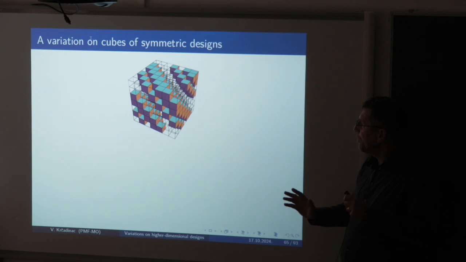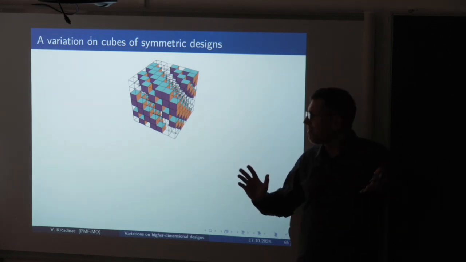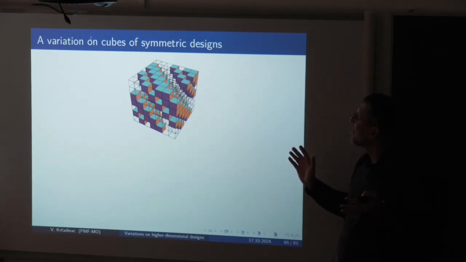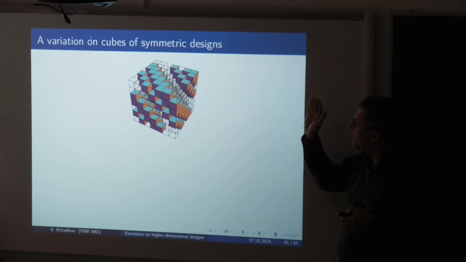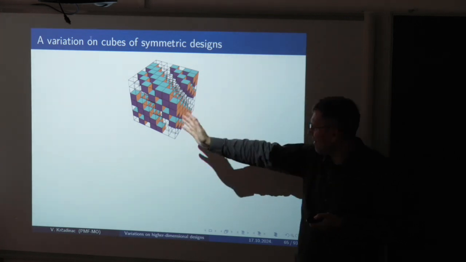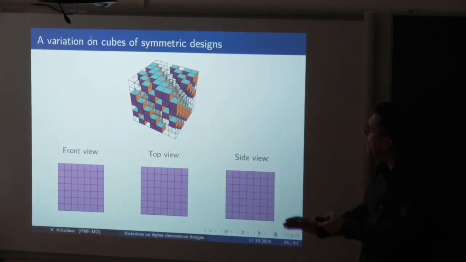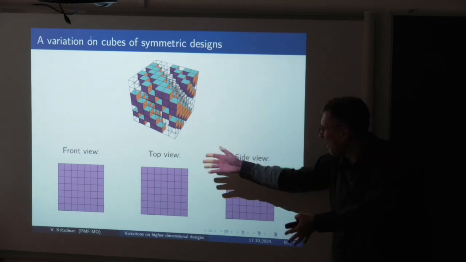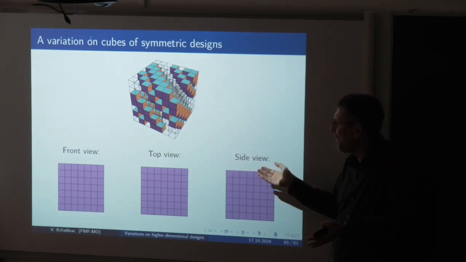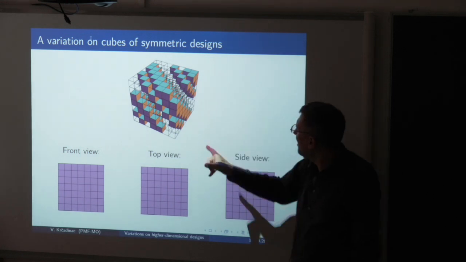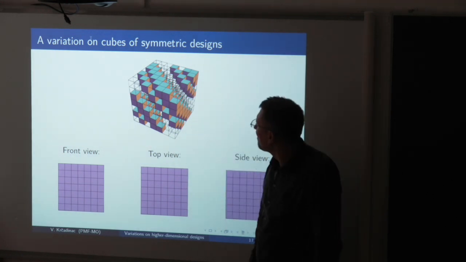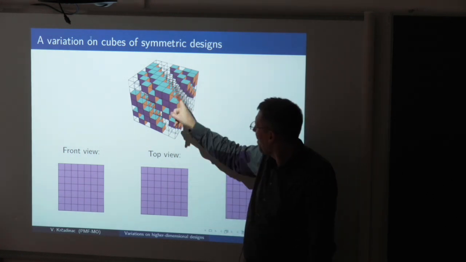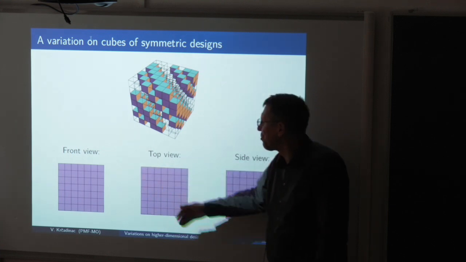Now, we could do the same type of thing with symmetric designs. We could say, let's not look at the slices, let's look at the projections. If you take a Fano cube and do the projections, you're going to get matrices filled with ones, because in every row, column, or the third direction, there are 3 ones. So if you project, you're just going to see ones.